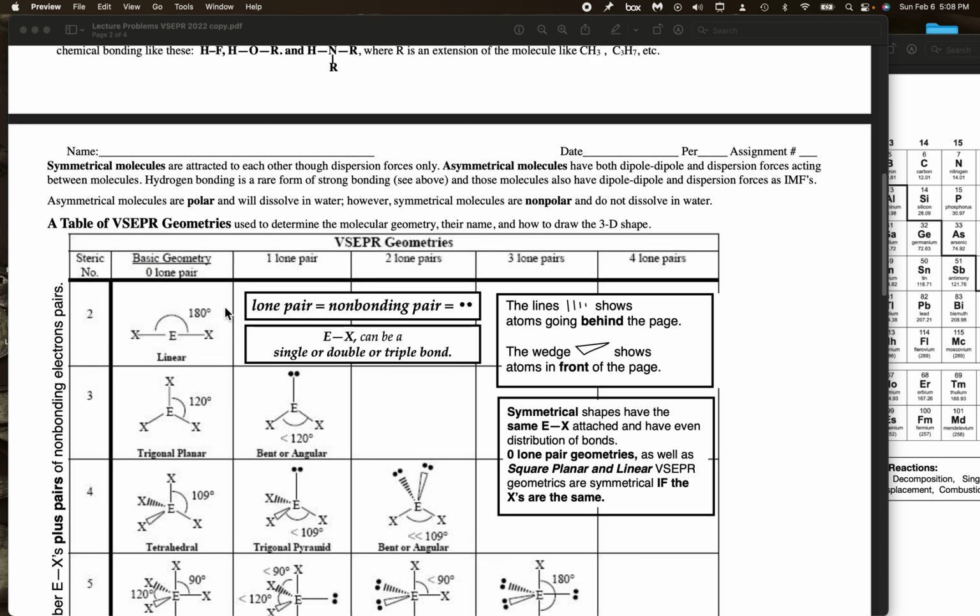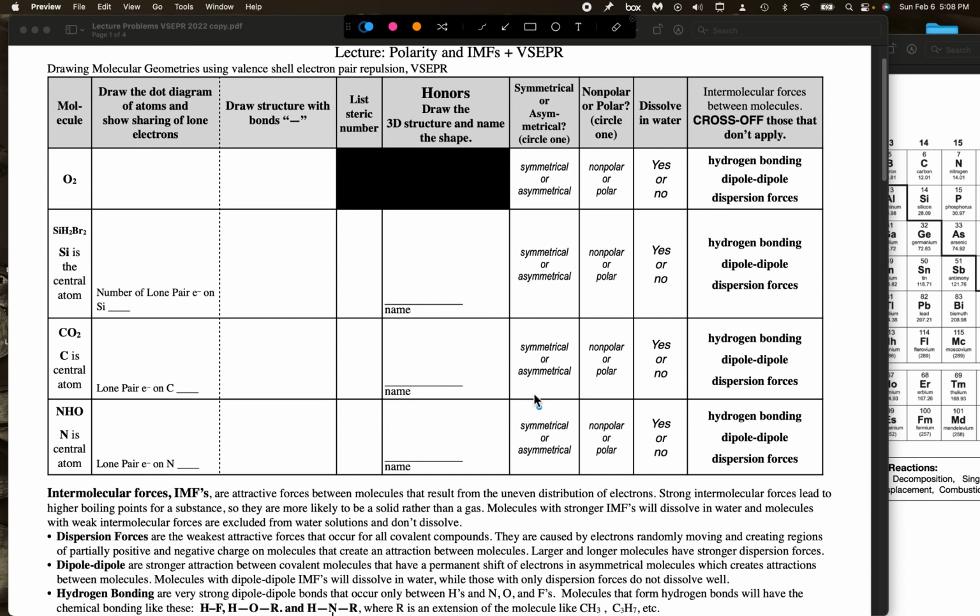So up here, the point is that you could have drawn this shape in this instruction, but you have to draw this shape in this instruction, right? And here you're supposed to include the lone pairs, but over here you don't have to. And you saw where the name came from, on the chart.